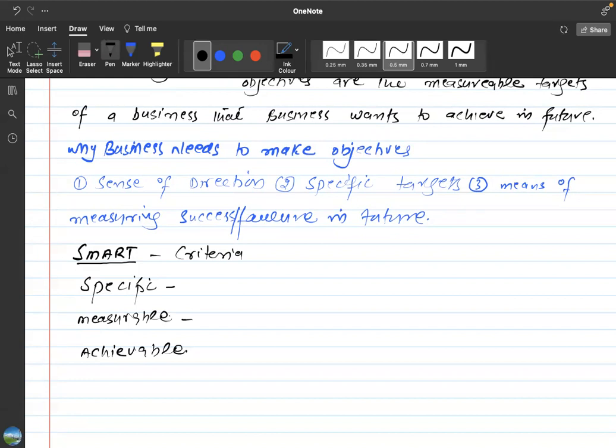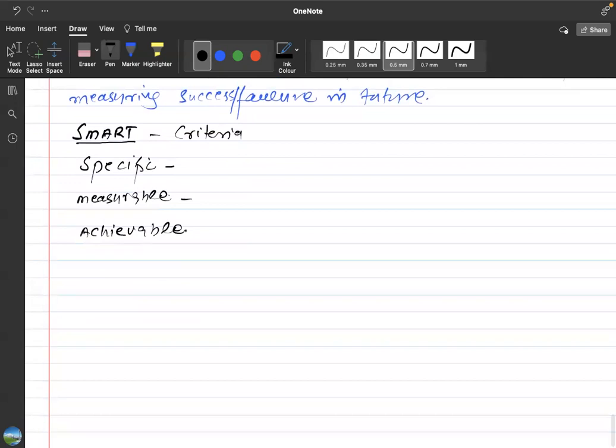It means that a business should not set objectives that are impossible in nature in the time frame the business has given. It will demotivate the staff instead of motivating them. A business should set objectives that are achievable, rather than very difficult ones that seem impossible.